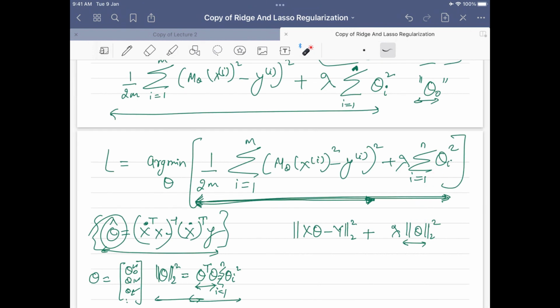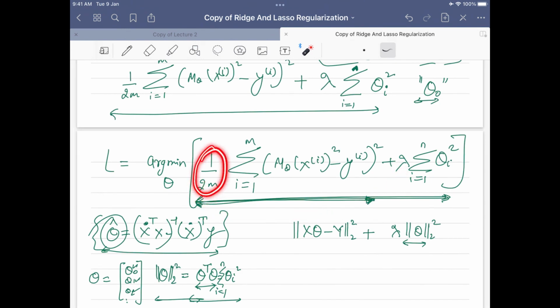Once we have this expression in matrix format, remember that the 1 by 2m is trivial. If I multiply 2m this side, it becomes 2m lambda, and 2 times 2m lambda we can take as another variable, lambda dash, and that lambda dash we can again take as lambda. So this constant does not play any effective role in the optimization.